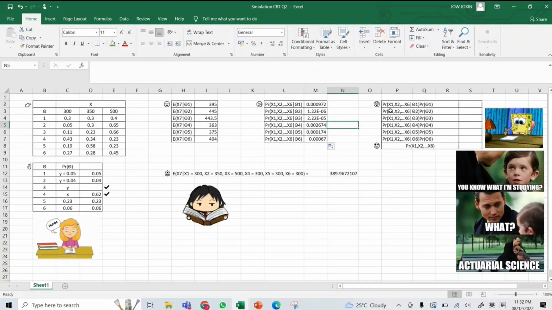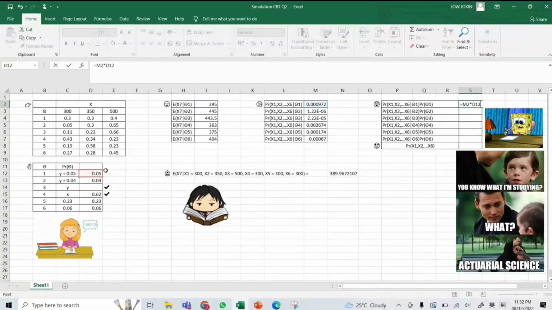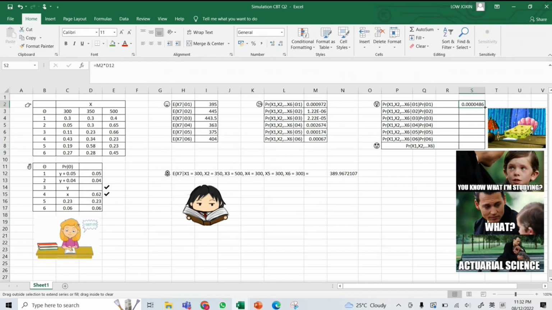And next we will find the probability of x1 to x6 given theta 1 multiplied with the probability of theta 1. So this is equal to what we found just now multiplied with the probability of theta 1. And then we drag down for all.